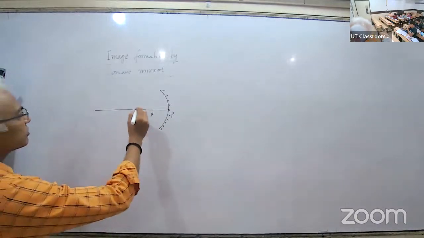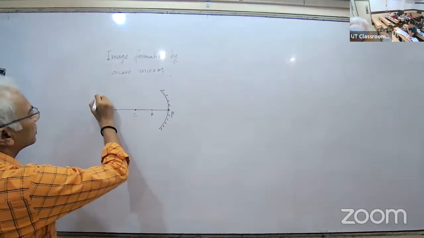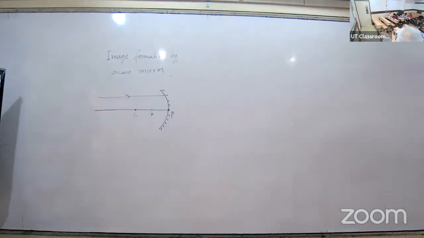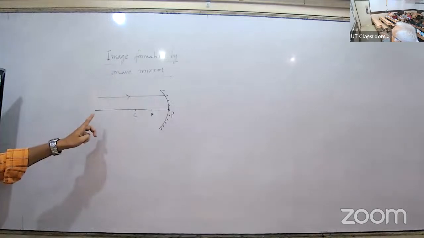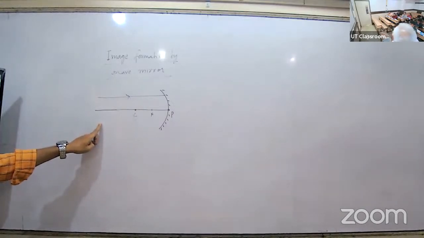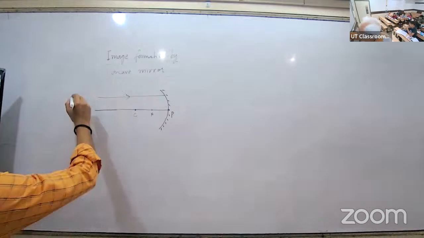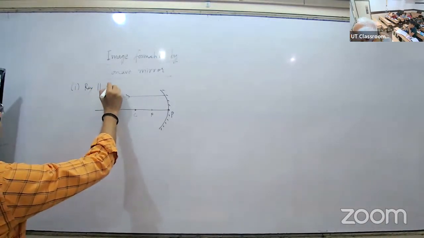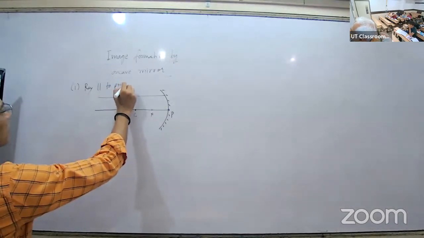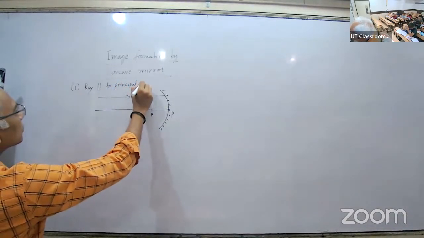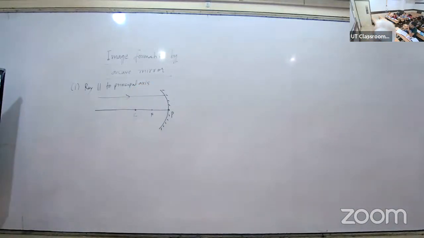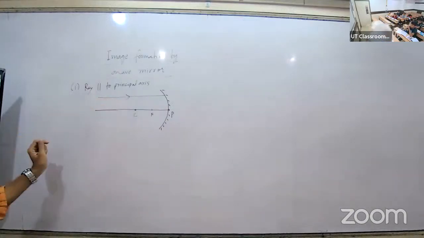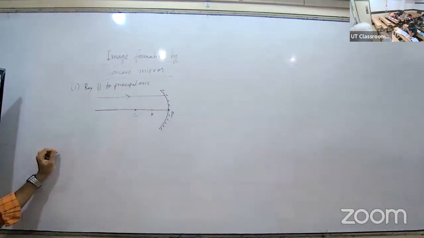So now what is focus? You see, whenever the ray travels parallel to principal axis. So we are now going to decide which rays to consider for image formation. One is ray parallel to principal axis. Now, what is the rule? Any ray that travels parallel to principal axis. Now, this is the point of incidence, right?